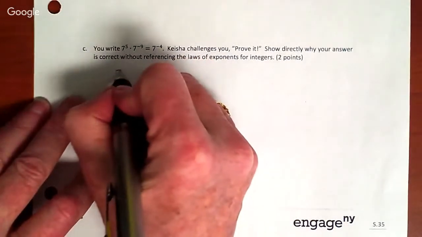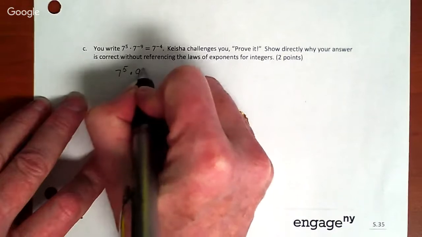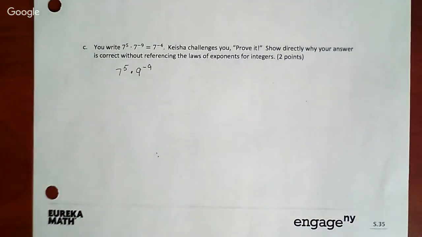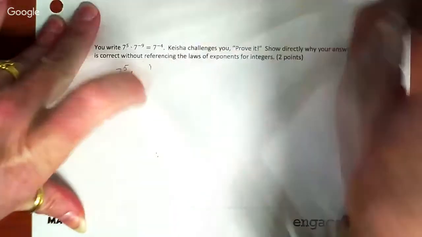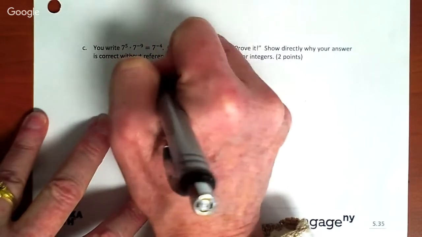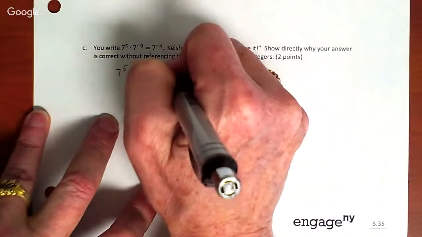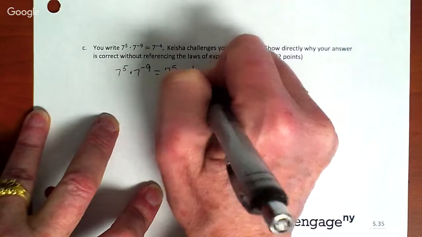If we take 7 to the 5th times 7 to the negative 9 power, I can rewrite this as 7 to the 5th power times 1 over 7 to the 9th power.